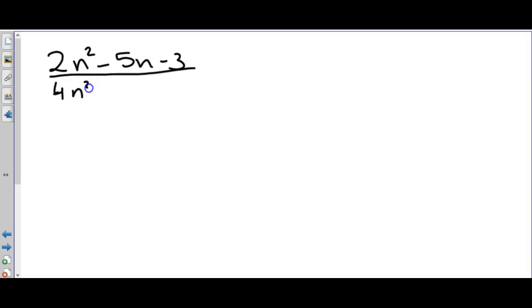So we have one last type of problem. And what makes this so different is the number in front of the squared variable. That makes this factoring a lot more difficult than the factoring we've done so far.